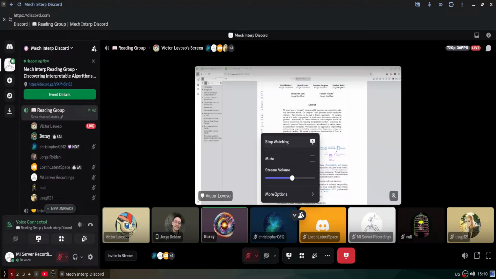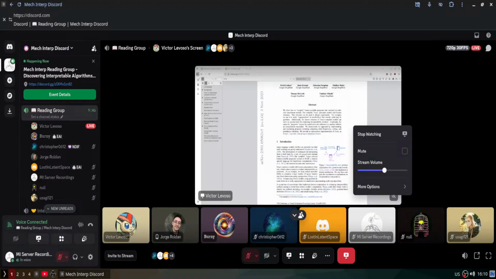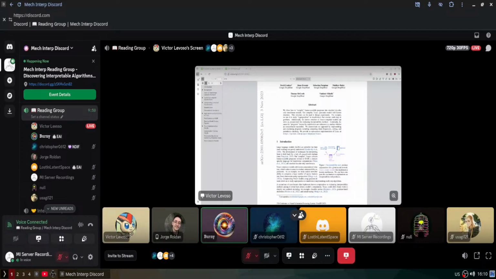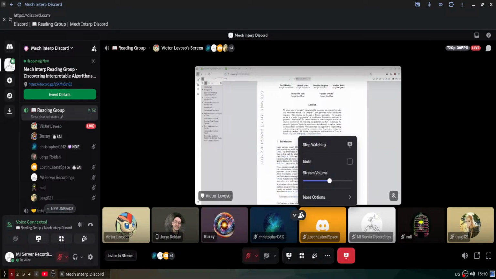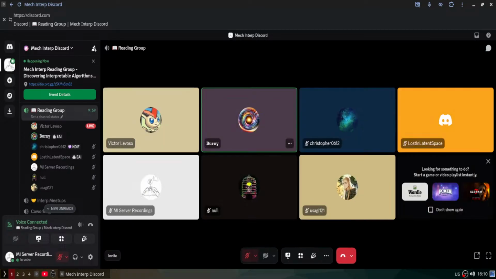Right click and pop out stream should make it. Where was it? I did see it earlier, but I don't remember. If you right click on the stream, there should be more options. Pop out stream. Oh, okay. Maybe that's only on Windows or something then. Or only on the app, because this is the browser. Or the app, yeah.